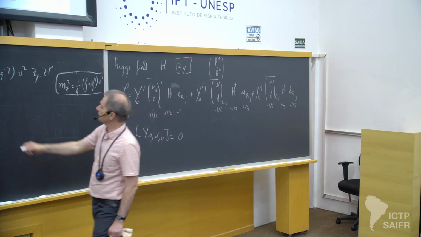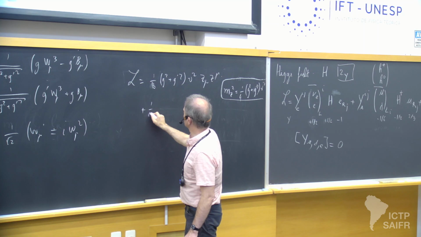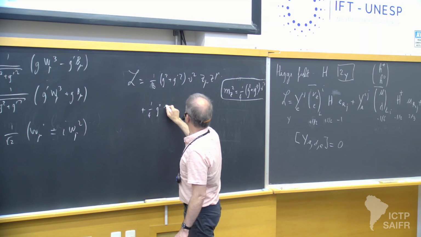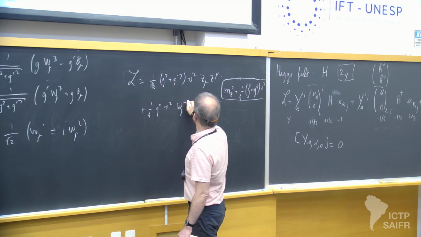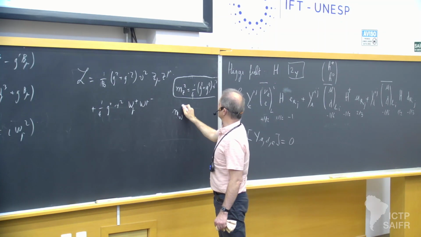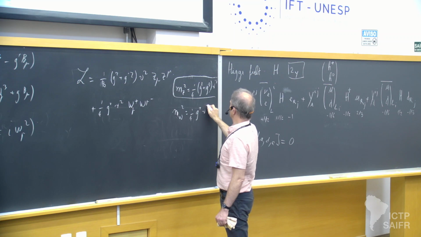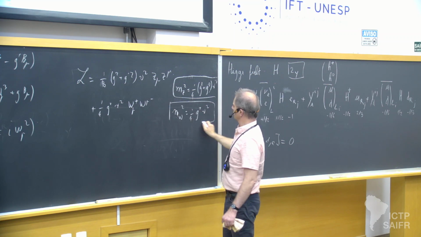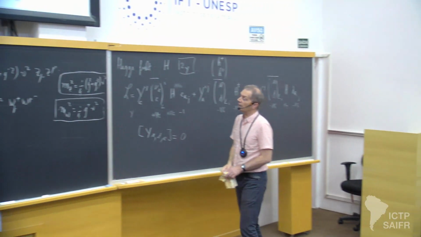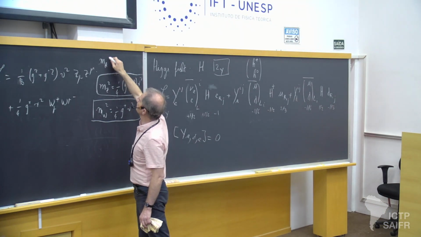And then it means that the mass term now is 1/4 G squared V squared W mu plus W mu minus. So the mass of the W squared is 1/4 G squared V squared. And the mass of the photon is exactly equal to 0.